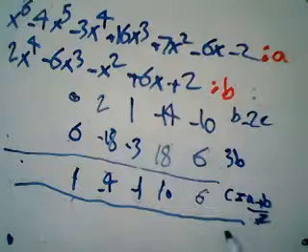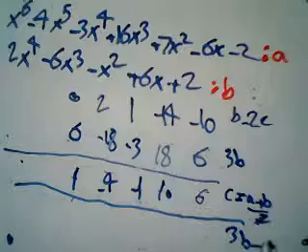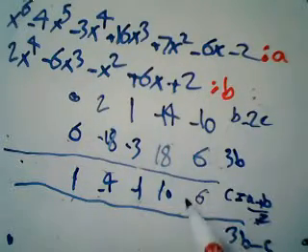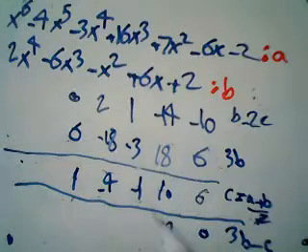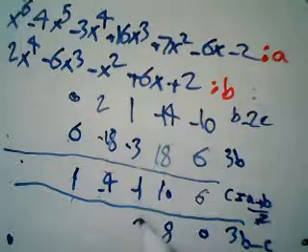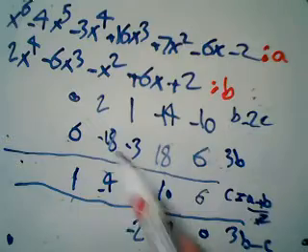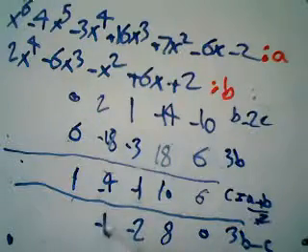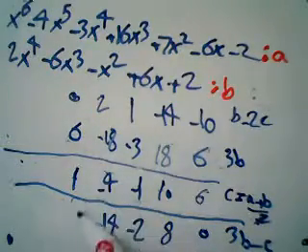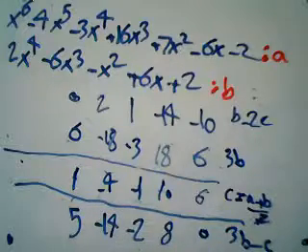And 3b minus c would be 0 here, 8, this minus this, minus 2, this minus this, minus 14, and 5 here.